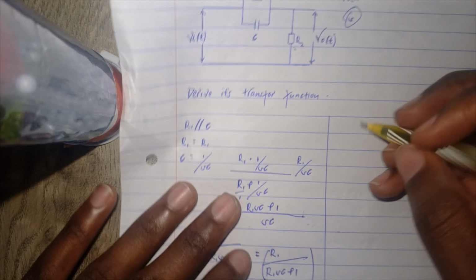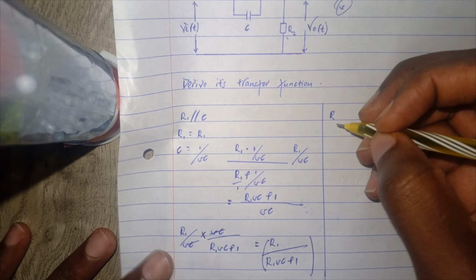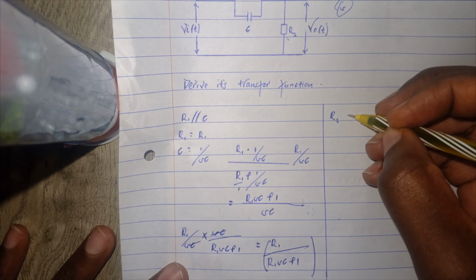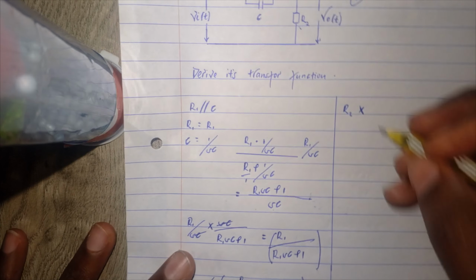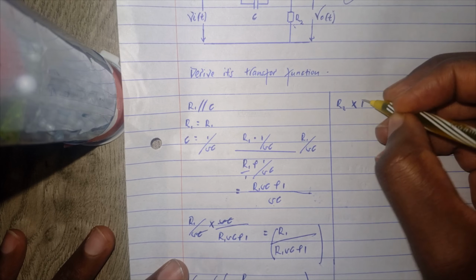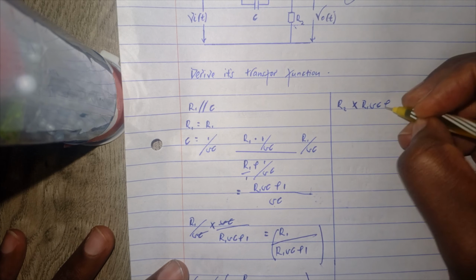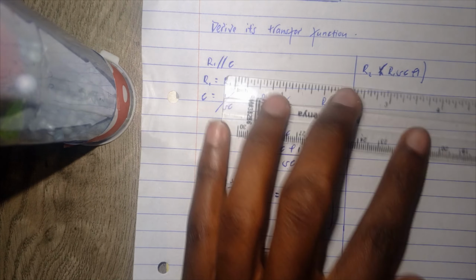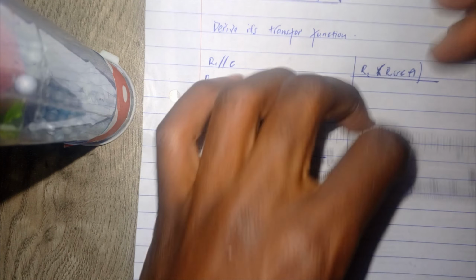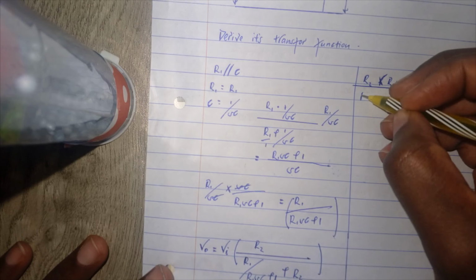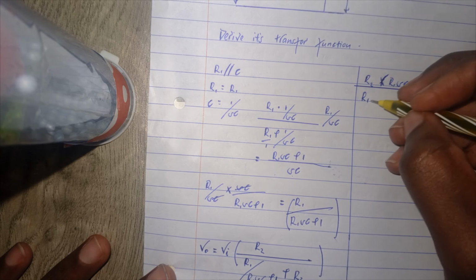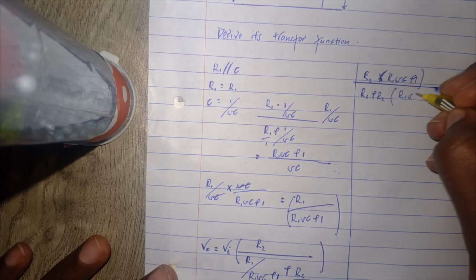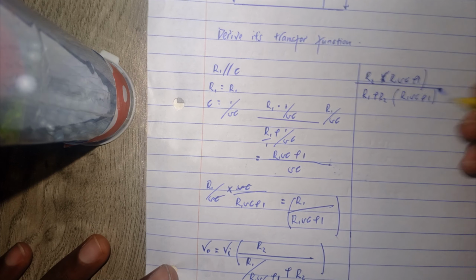Then you're going to have R2 at the top, times, of course, R2 over 1 times R1 SC plus 1, let's put this one in brackets, and then you divide it by R1 plus R2 into R1 SC plus 1, like that.